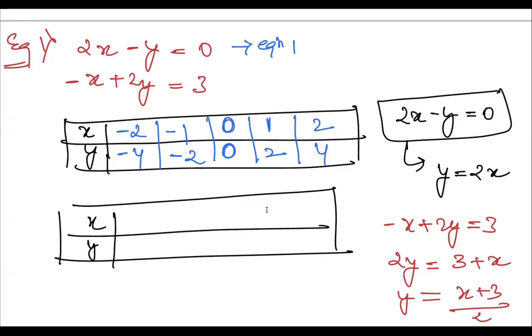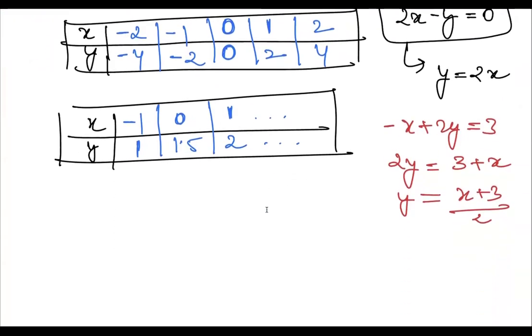To make things easy, I'll take minus 1. When x is minus 1, what is y? Please tell me. Y is 1, right? When x is 0, what is y? It is 1.5. When x is 1, what is y? It is 2, right? And so on. We can build this table.